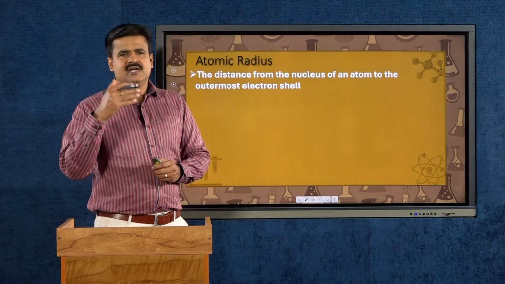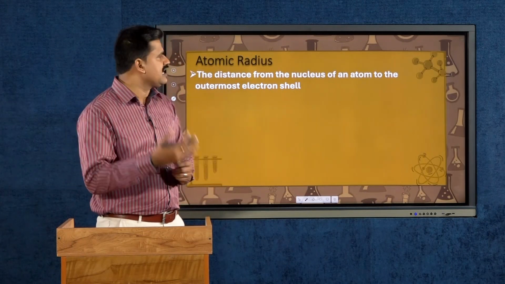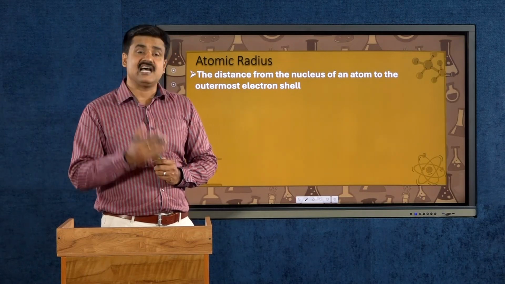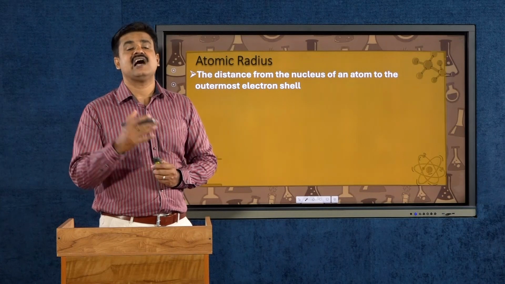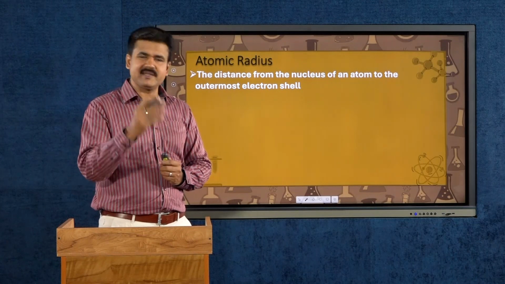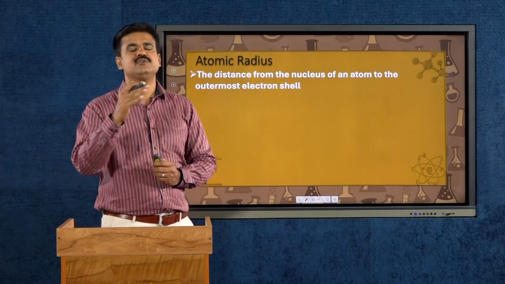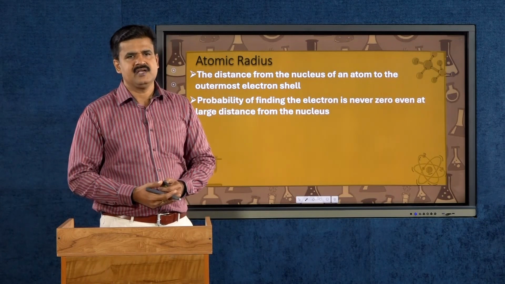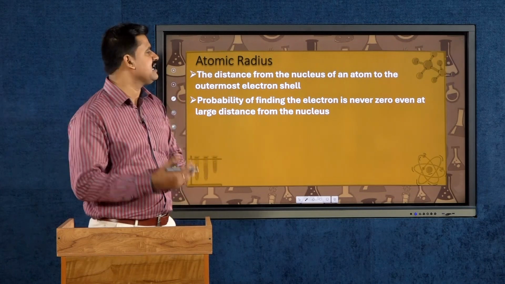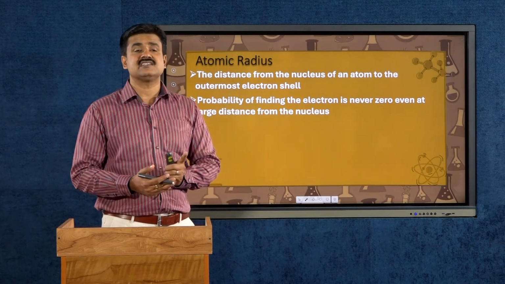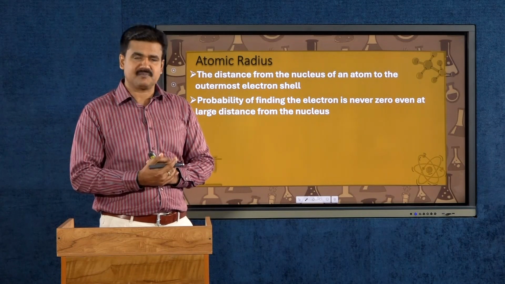Now, the distance from the nucleus of an atom to the outermost electron shell in an atom is taken as atomic radius. So, atomic radius is the distance from the center of the nucleus of an atom to the last electron. The probability of finding an electron is never zero even at a large or infinite distance from the nucleus.